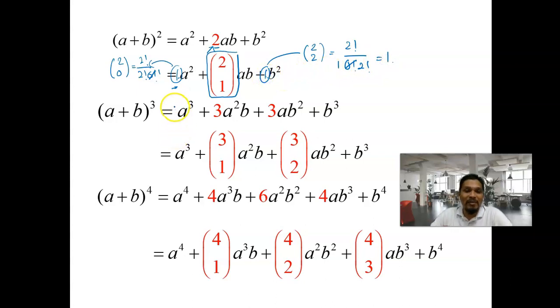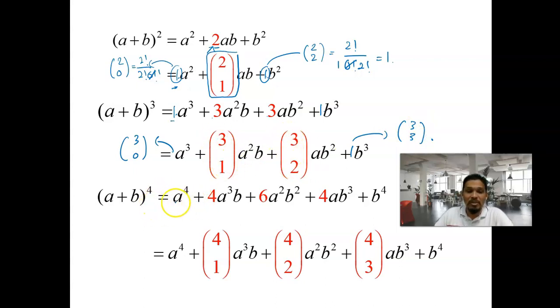Meaning every single coefficient, 1, 3, 3, 1, not just the coefficients in the middle, but the 1 and 1 as well, we can write in the notation of 3 and 0, and this one here, 1, as 3 and 3, just like 3, 1 and 3, 2.